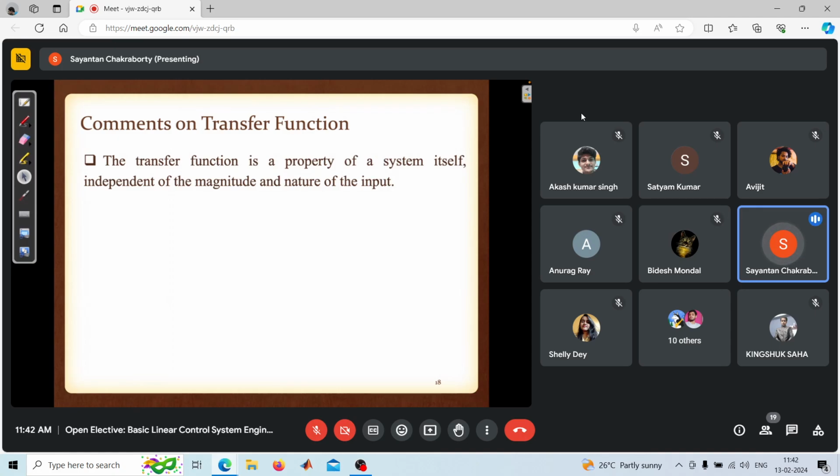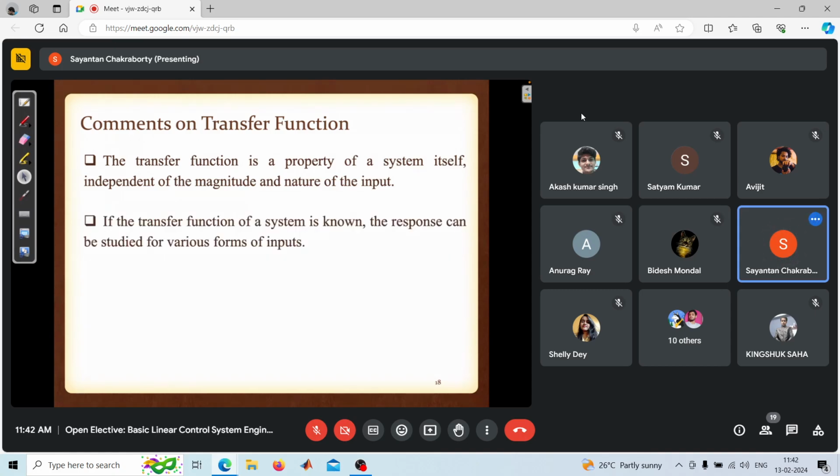So once you know the transfer function and the Laplace transform of the input, you can easily obtain the Laplace domain representation of the output, because the transfer function is an inherent property of the system and doesn't change with time or type of input. So the direct consequence is that if you know the transfer function of a system, then the response of the system can be studied for a variety of inputs.